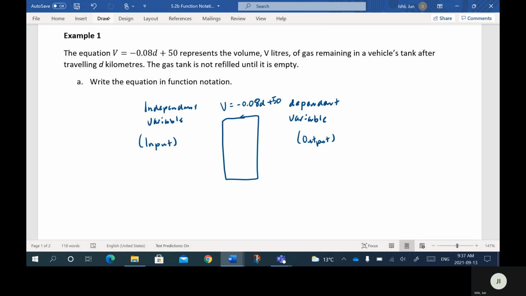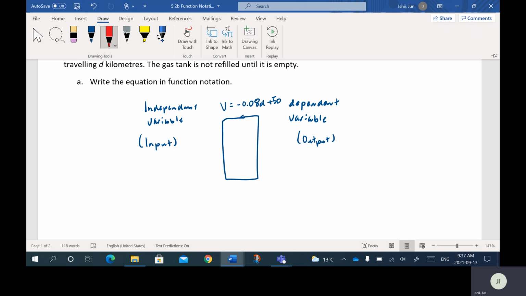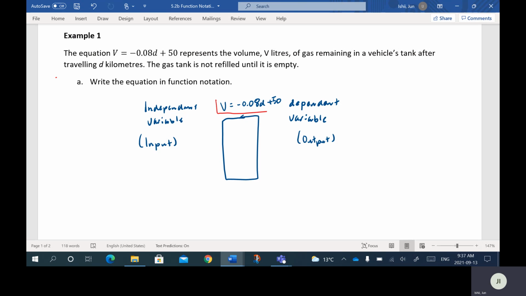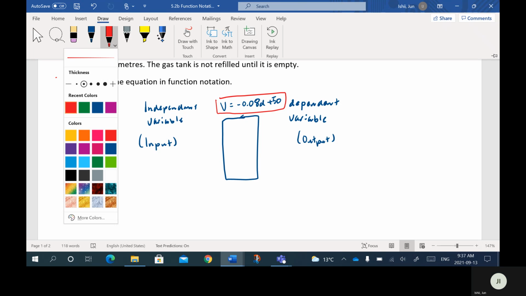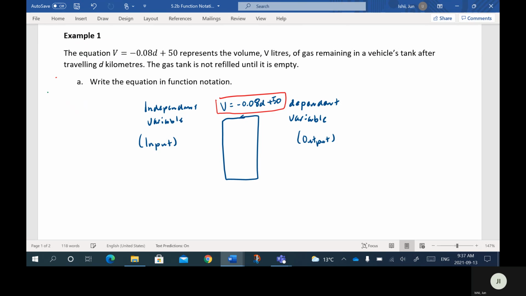Actually, let's use a different color here. So in red, you can think of a function as an equation, as a machine. It converts, so what ends up happening is we have a number that gets plugged into the machine, and then it outputs a different number.